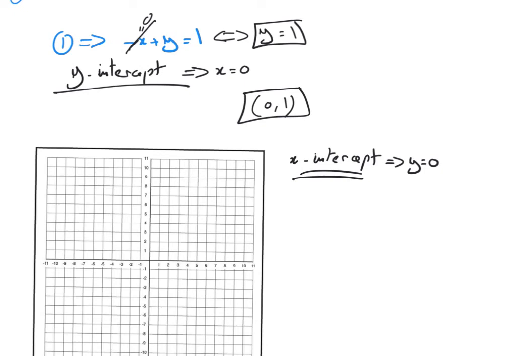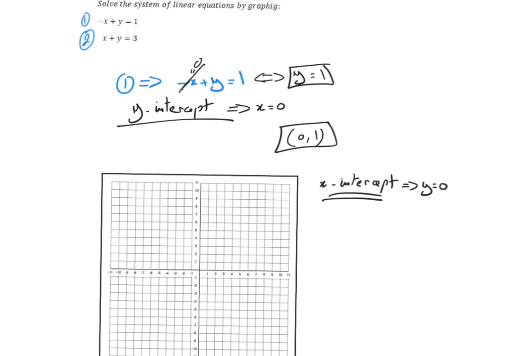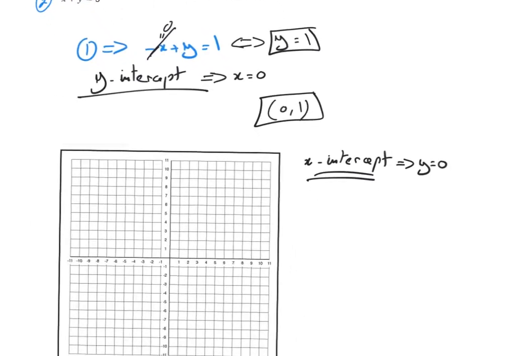Let's pick the second equation, x plus y equals 3. Actually, we're just going to stay with the first equation, because we started with the first equation. That's my mistake, so let me eliminate this. We're going to graph equation number 1.